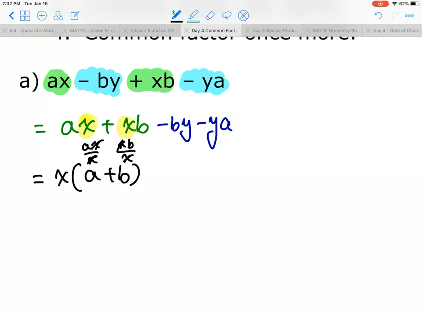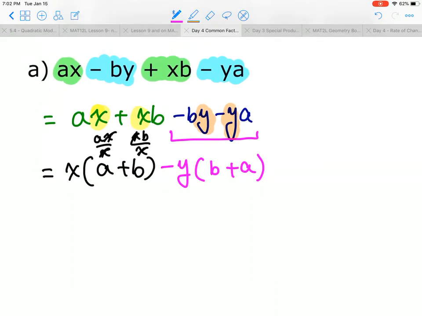And then from the other one, I have negative, so I put negative since both of them have negative. And then I have y in common, so I'll use this brownish color. So then I'll put negative y as the common factor, and that becomes just b plus a as well.